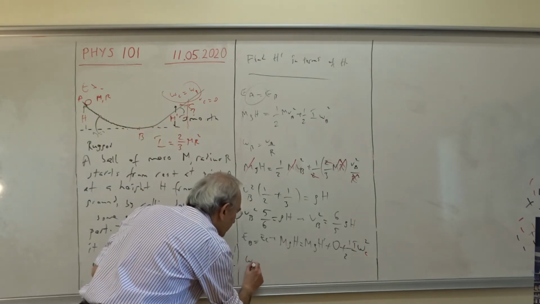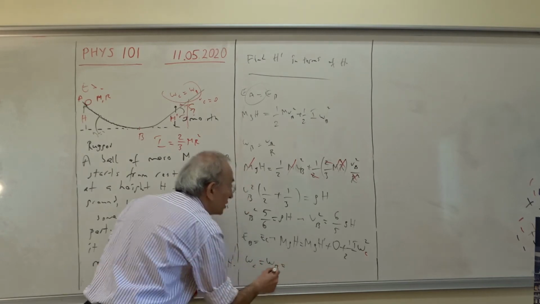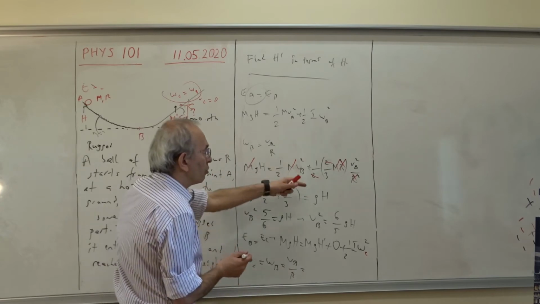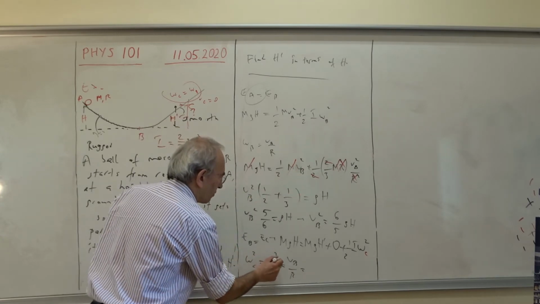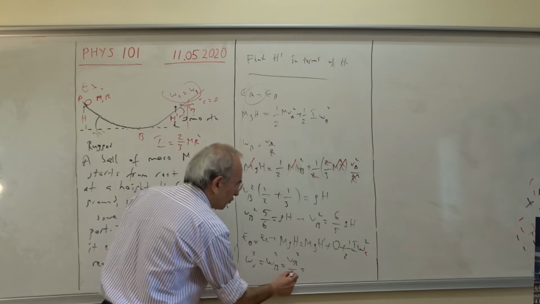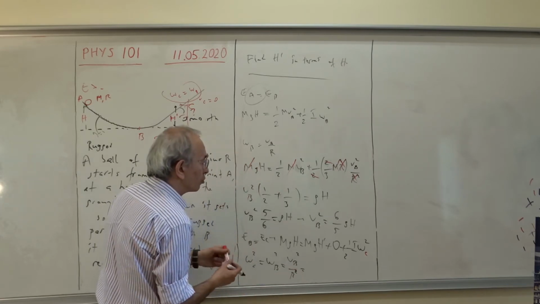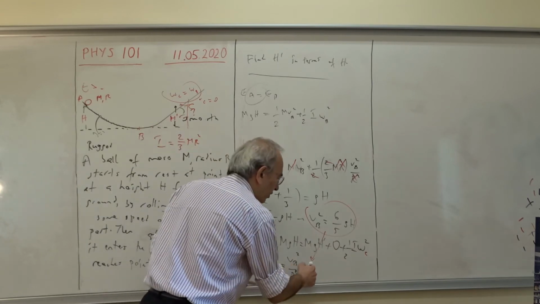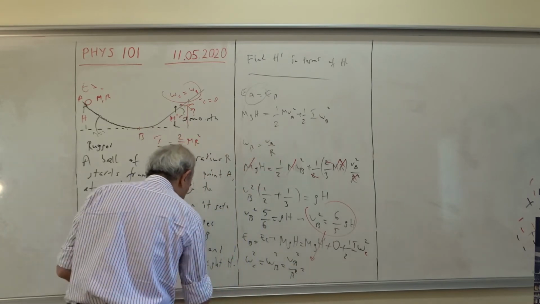So omega C is omega B, which is VB over R. Omega C squared is omega B squared, VB squared over R squared. What is VB squared? It is just this thing. So we write it there as 6/5 GH.